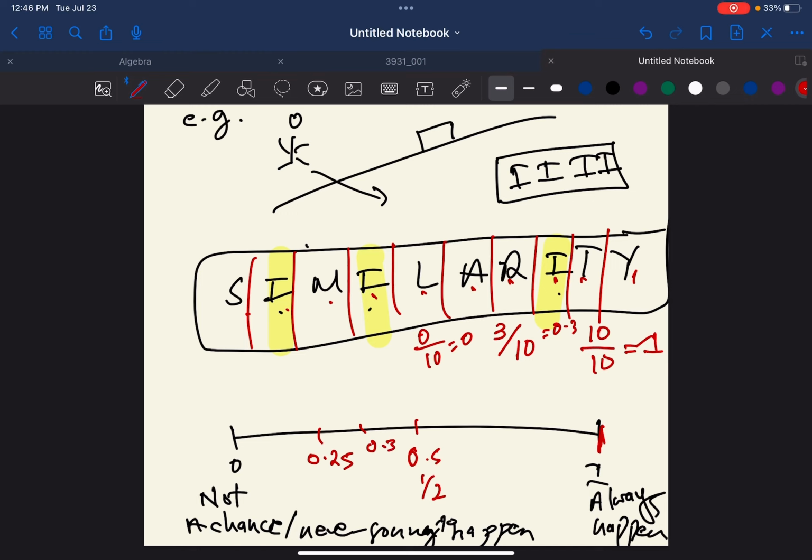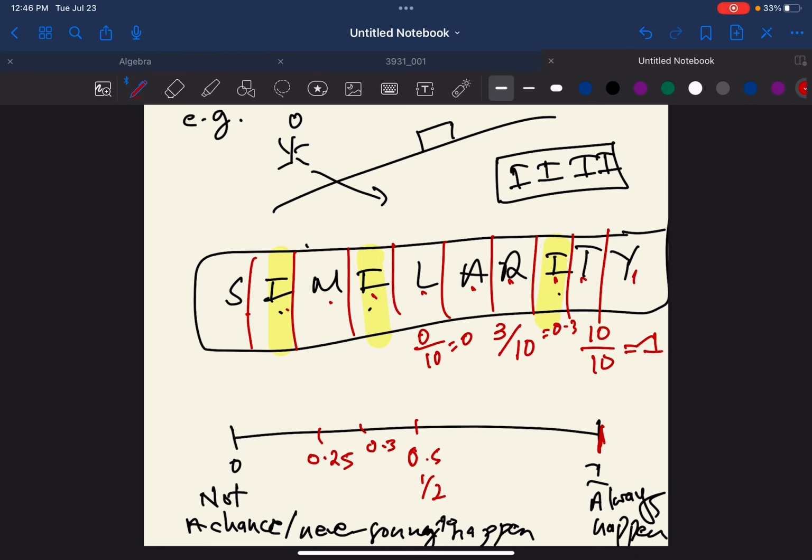So someone might say the chances of me getting I is not greater than half, so maybe I should think critically before placing a bet. But there's also a chance because it's greater than 0.25. So there's some chance that I might get it. It's not really close to zero, right?